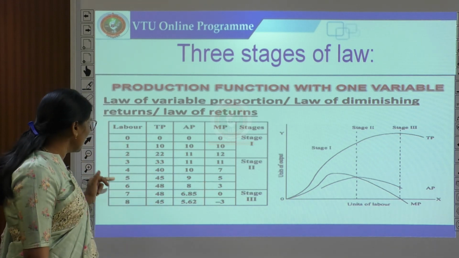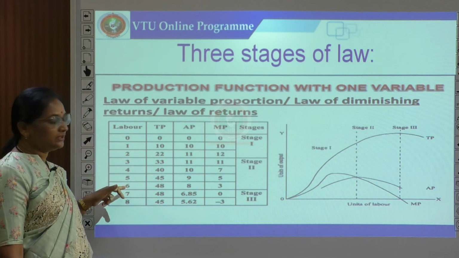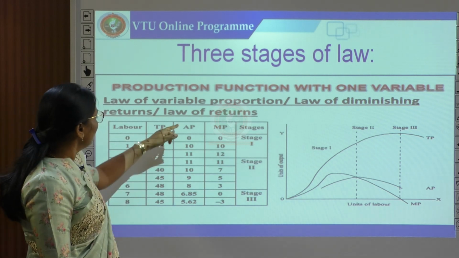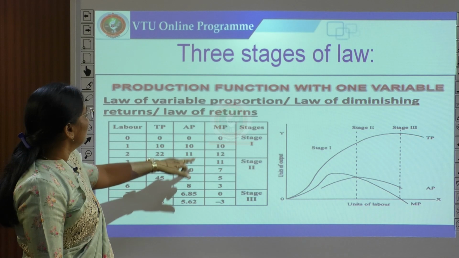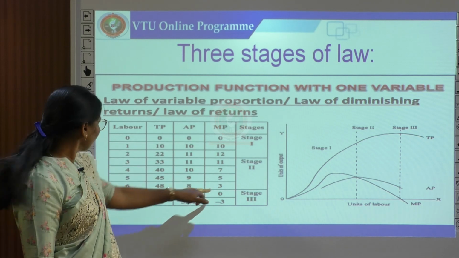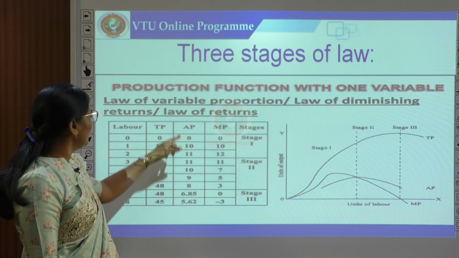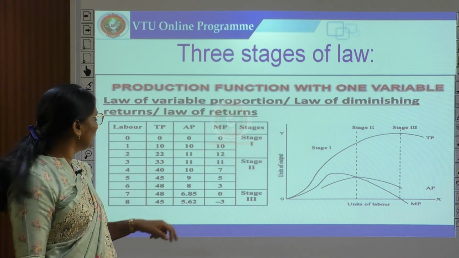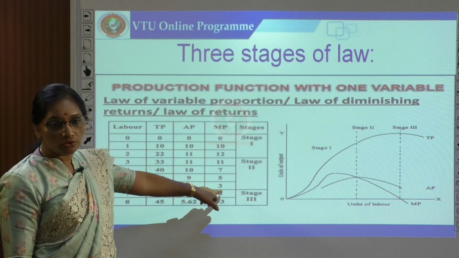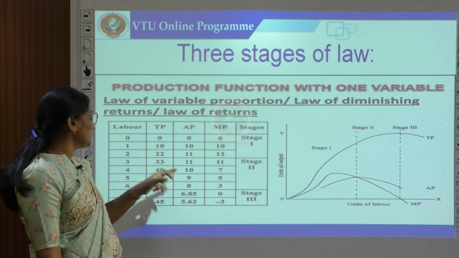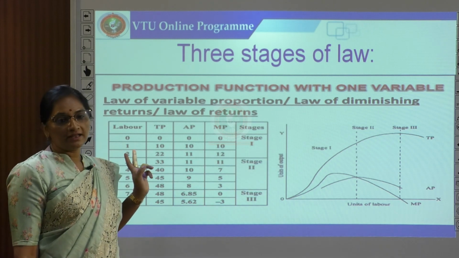If we again use more labor, that is 6, the total product is 48, but average product is 8 and marginal product is 3. With the 7th labor, total product is 48, average product is 6.85, but marginal product becomes 0. It means the additional unit of labor is not producing anything in that organization.